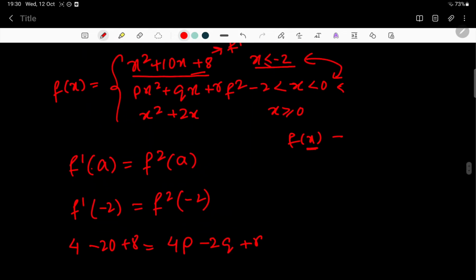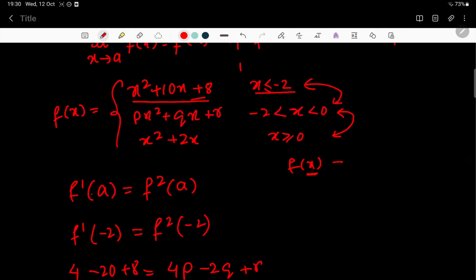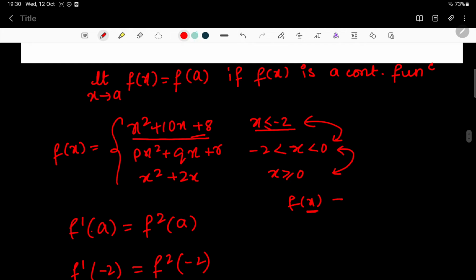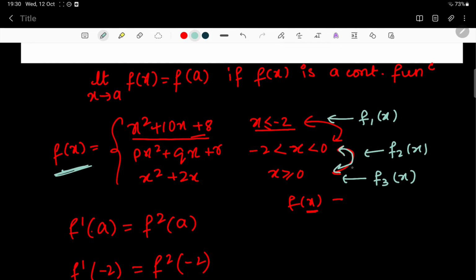Again, if this and this are also continuous, then say this is f3. Let me write it more clearly. What we said is this: say this function is f1, this function is f2, and this function is f3. So if f(x) is continuous, then these functions must be continuous.